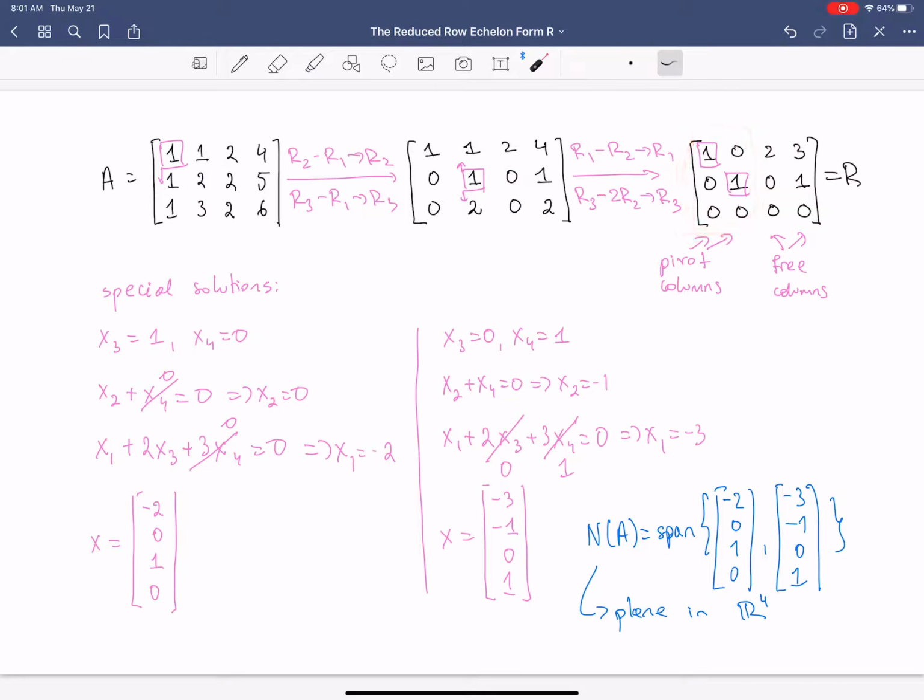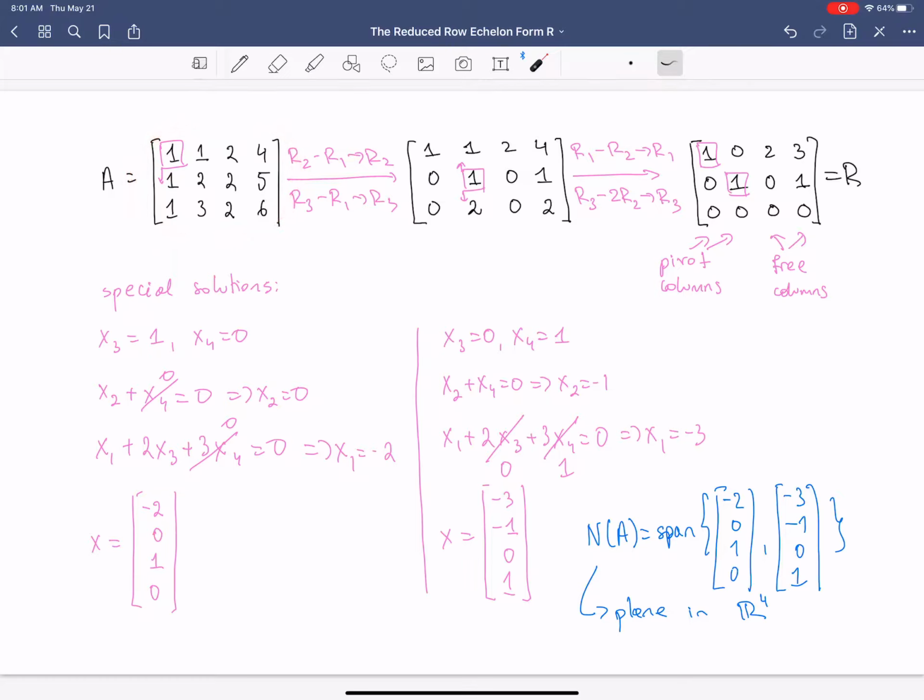And you see that the column space of R will contain any vector with 3 components which has the third component equal to 0. But that is not the same as the column space of A, because in the column space of A, the third component could very well be non-zero.